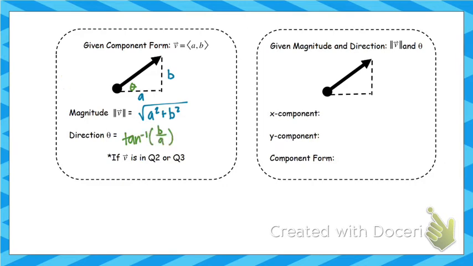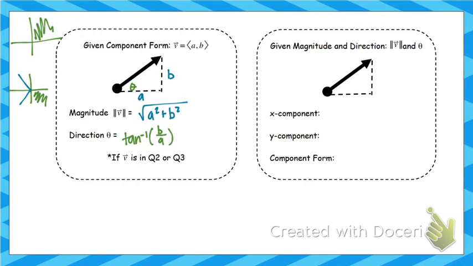Now the one thing you do need to be careful about when we find direction, keep in mind the calculator is either going to give you, if you plug in a positive number, the answer that falls in this quadrant. If you plug in a negative value, the calculator is going to give you the answer that falls in this quadrant. The reality, though, is some of these vectors are going to end in quadrant 2 or quadrant 3.